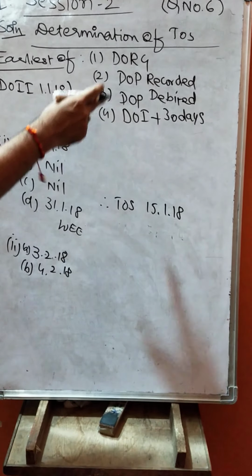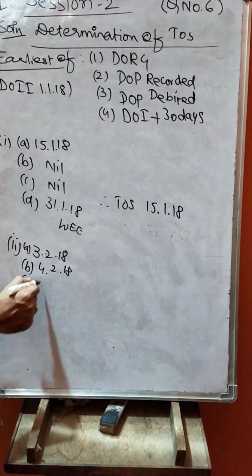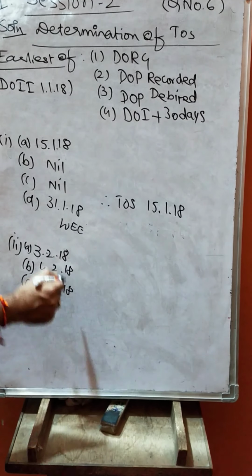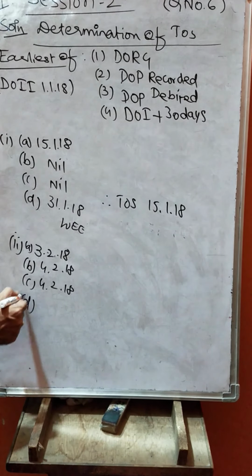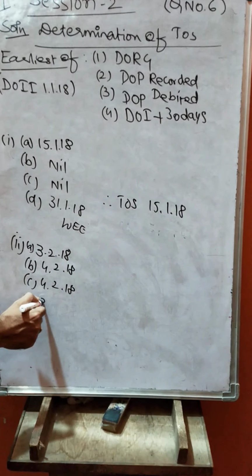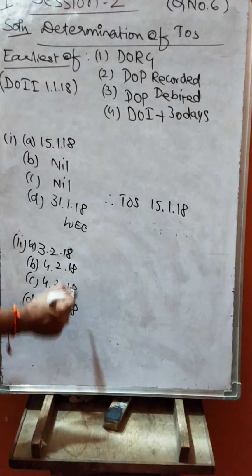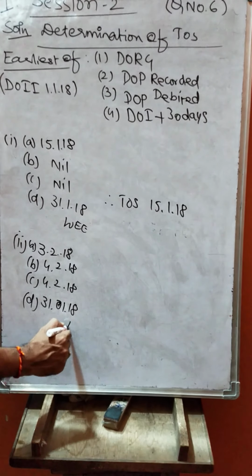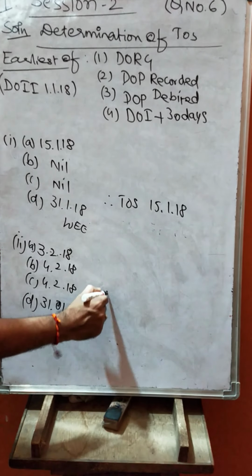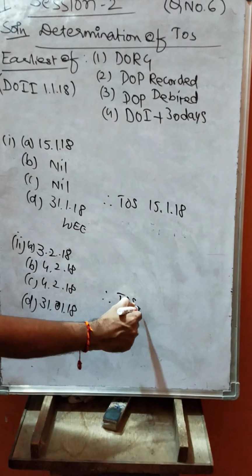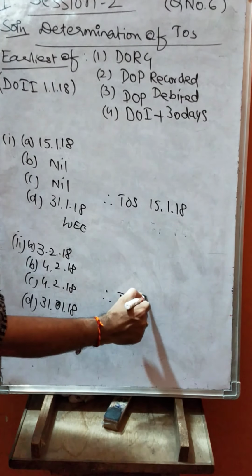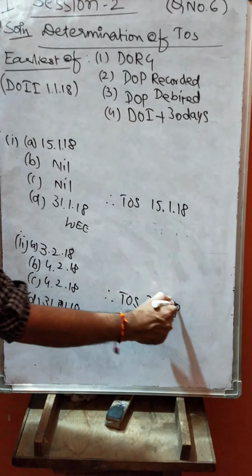So date of payment debited is also given as 4th February. Then last date is date of invoice. From there when you count 30 days, it will be 31st January 2018. So in the 4 dates, whichever is earlier, therefore time of supply is 31st January 2018.